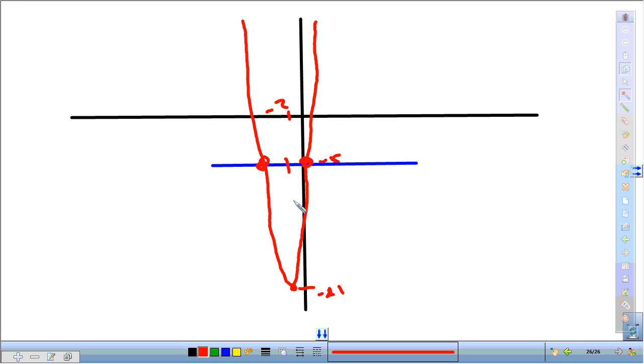So if this middle is at minus 2, this was 0, so if I move 2 units the other way, I should get another point on the curve. So this was 0, minus 5, this should be minus 4, minus 5.